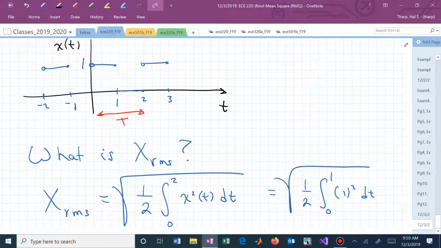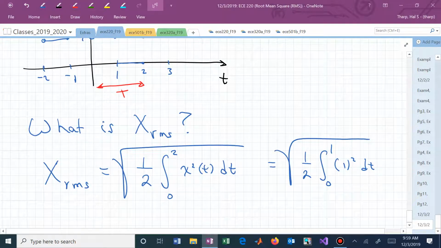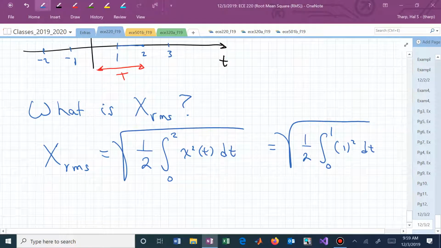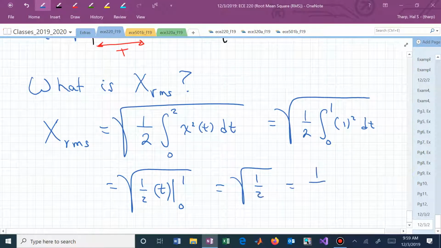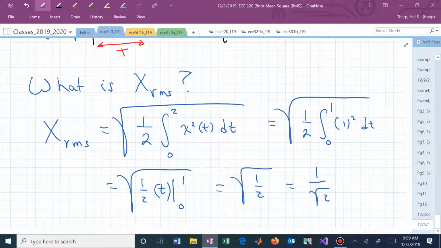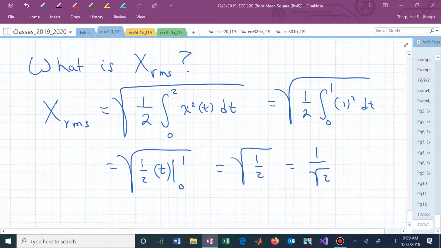And I'm picking these to be really challenging integration problems. We now have to integrate a constant, so that now we have the square root of 1 over 2 t from 0 to 1, or we now have the square root of 1/2, or we have the magnitude of the non-zero portion divided by the square root of 2. And that looks very familiar.